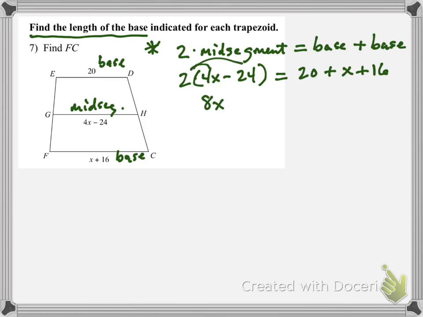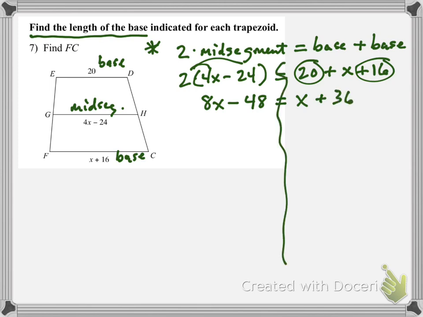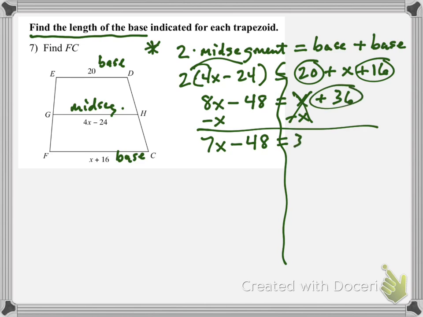So that's 8x minus 48 equals, combine like terms on the other side. So I've got x, that's nothing else to combine with. 20 plus 16 is 36. Okay, once again, I've got an x on both sides. So I minus x to both sides. So I have 7x minus 48 equals plus 36. So I just bring down 36.